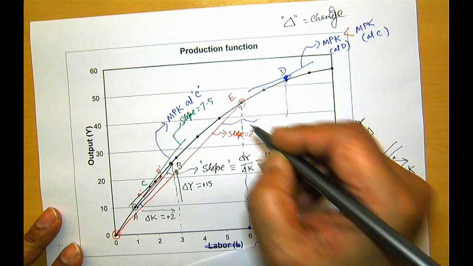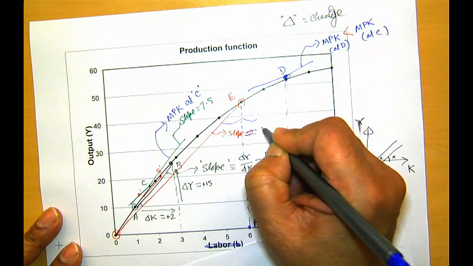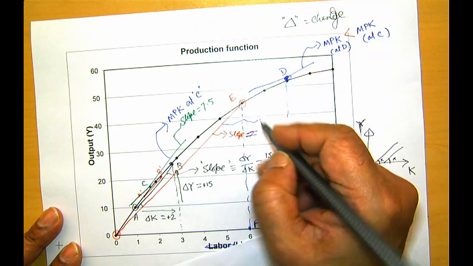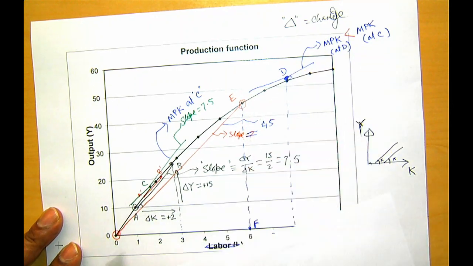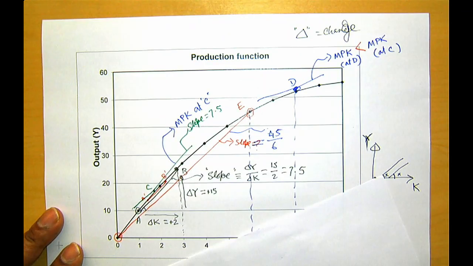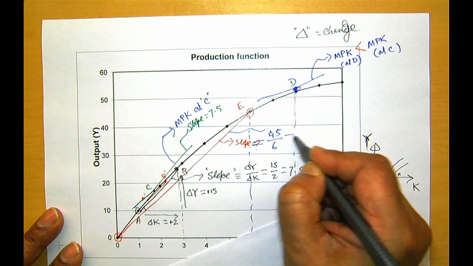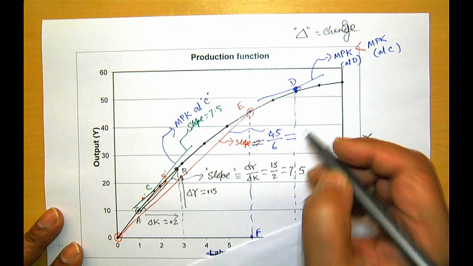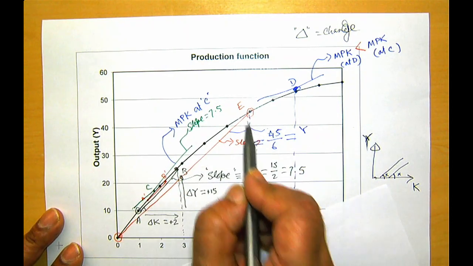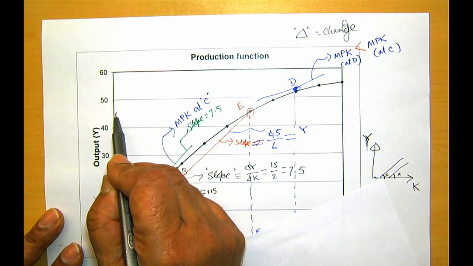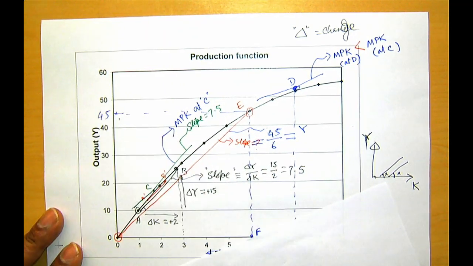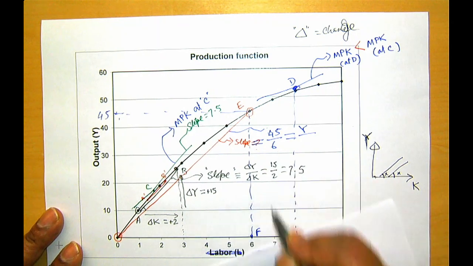So the slope will be equal to 45 over 6. That's the slope, right? But the actual number doesn't matter. I can write this slope in terms of letter y, 45 is the output, divided by the input, which is k.